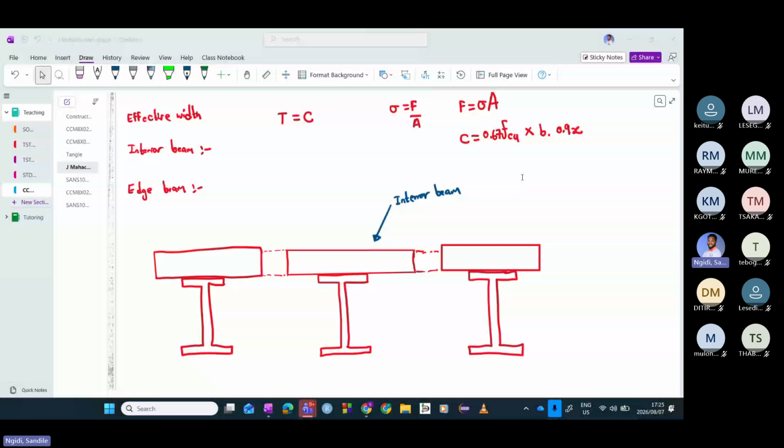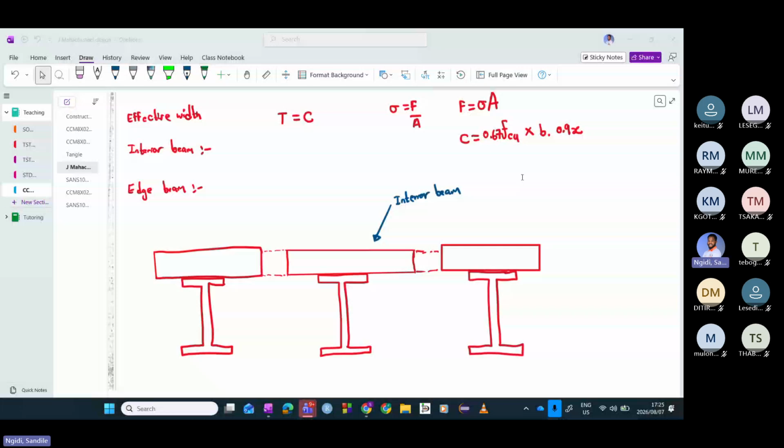So I think that this beam here will be what we refer to as an edge beam. Are we all able to see what we mean by interior beam and an edge beam? So this one is an interior beam and this one is an edge beam.